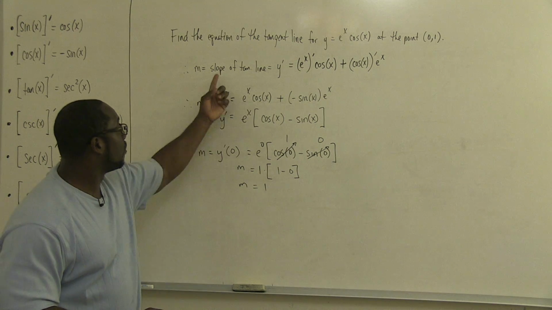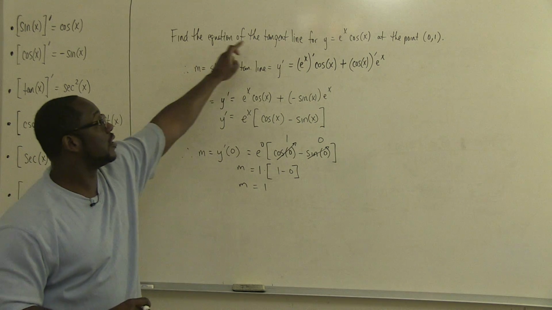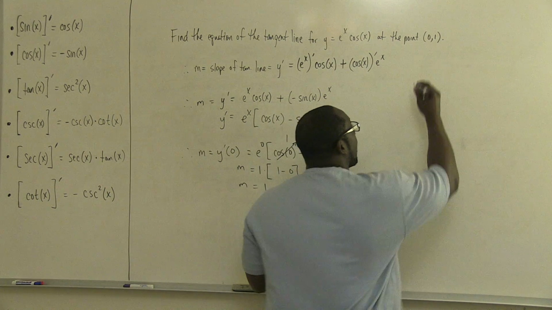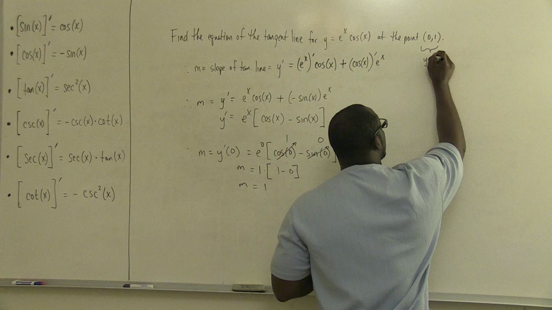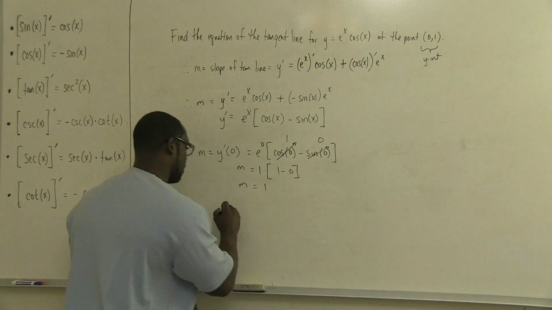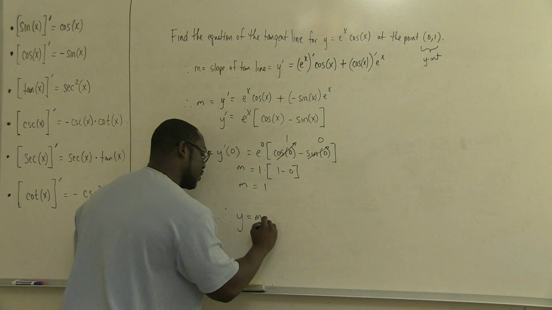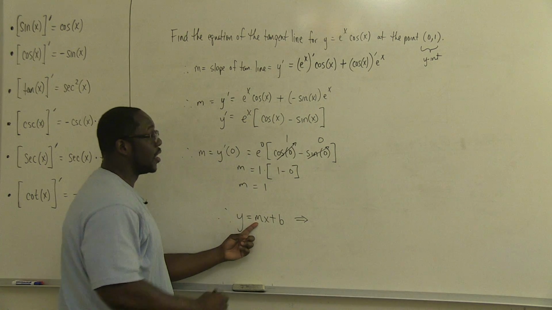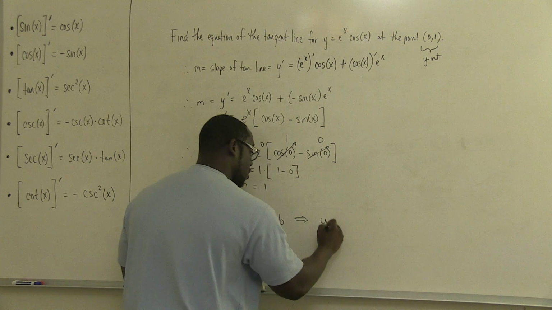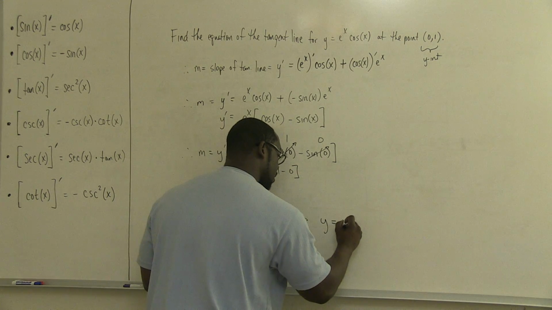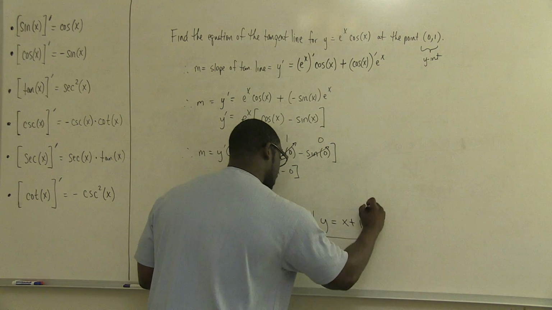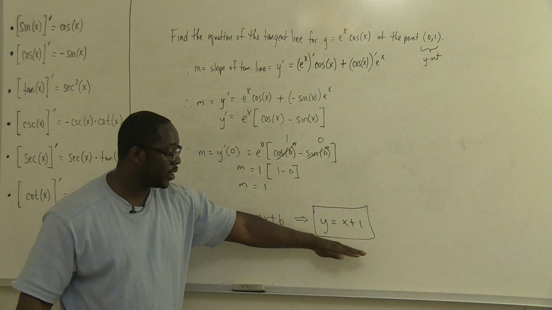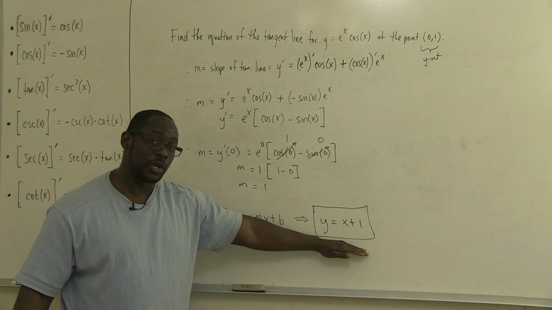So now if we look at what is going to be the equation of the tangent line, notice that this point here is a y-intercept. So if we were looking at this in terms of slope-intercept form with a slope of 1 and a y-intercept of 1, we know that our equation of the tangent line that goes to this point would be this particular equation here.